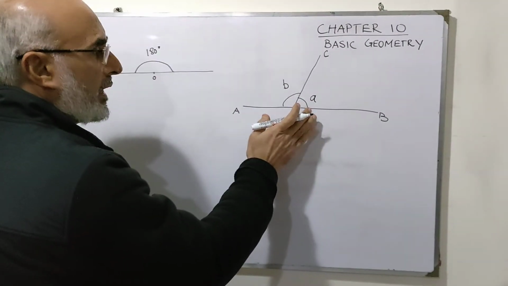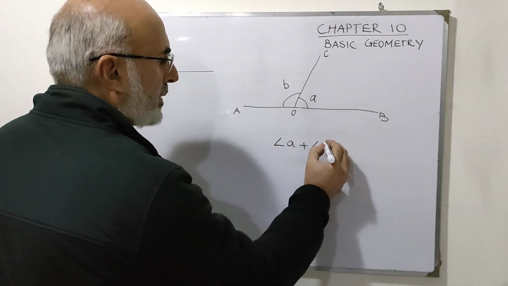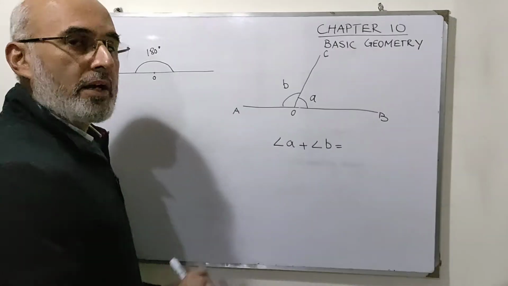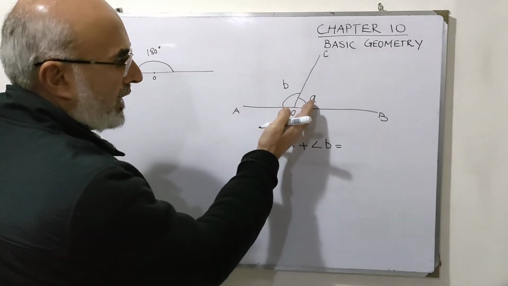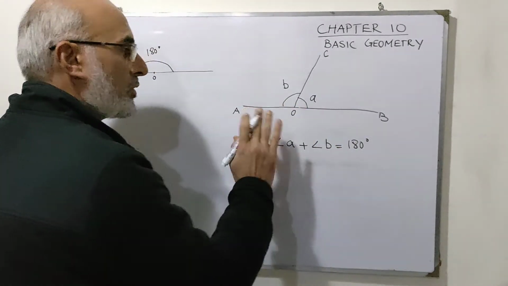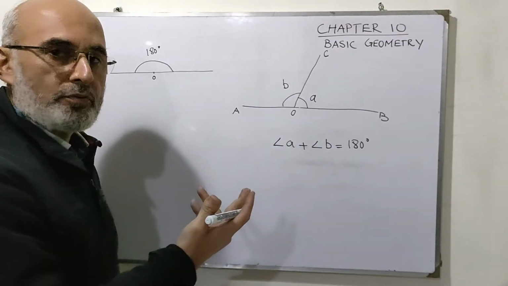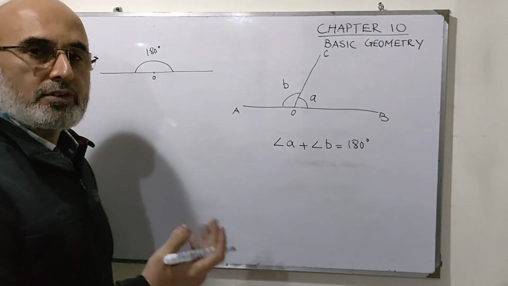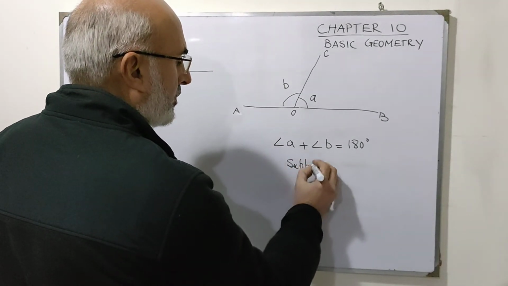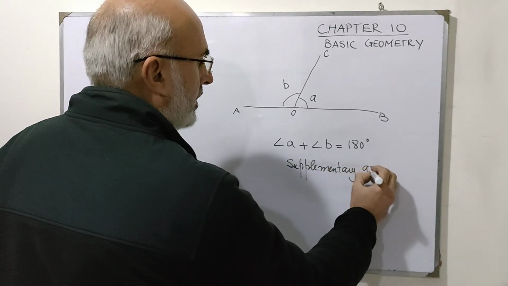The sum of angle A plus angle B equals, because on this straight line the maximum angle we can have is 180. So if this is A, this is B, what are we going to have? 180 degree. So the sum of angle A plus angle B, the pair of angle A and angle B, gives us 180 degree, and we call it supplementary. Supplementary angles.